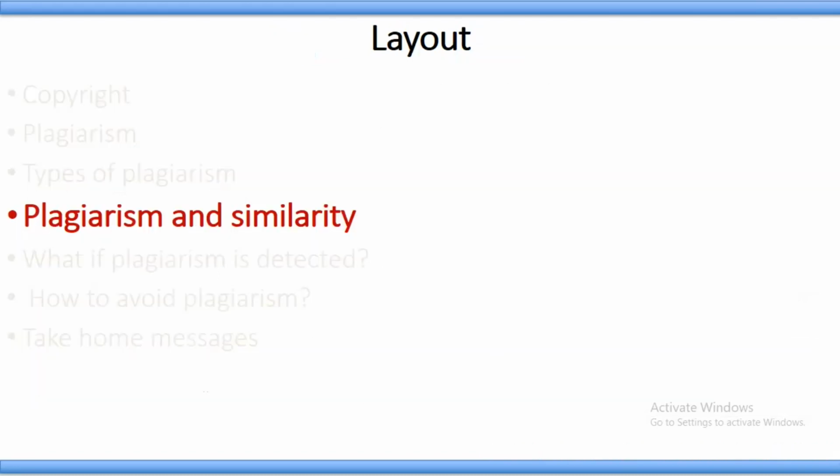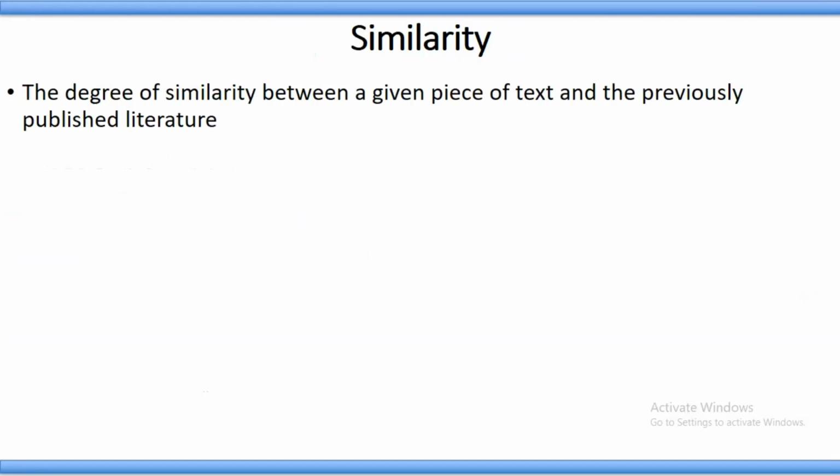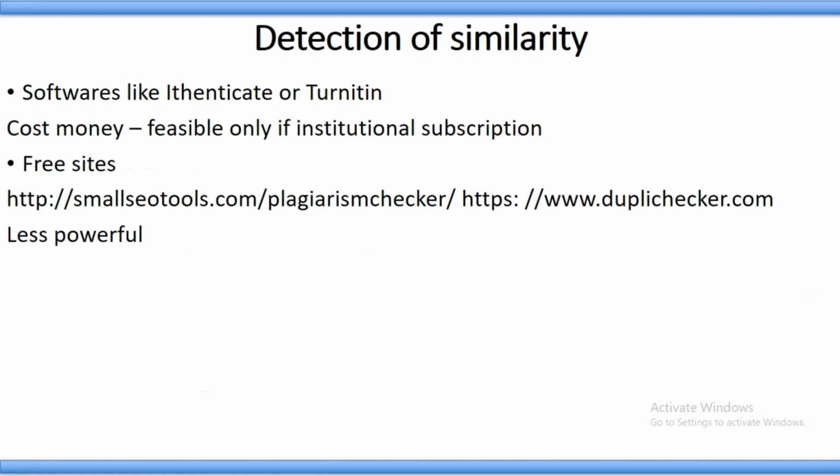So now, why did I say that the term anti-plagiarism software is a wrong term? Similarity is the degree of similarity between a given piece of text and a previously published paper. So these softwares like Authenticate or Turnitin help you to identify similarity.